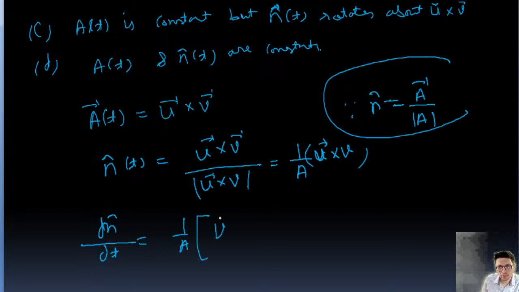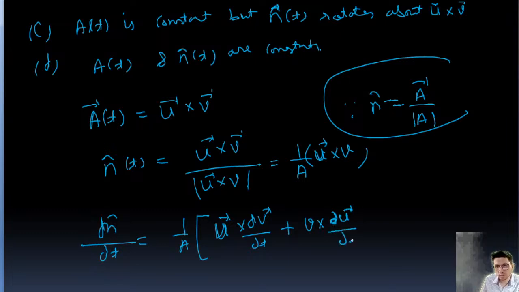The first function U cross dV upon dt, plus second function V into V cross du upon dt, right?